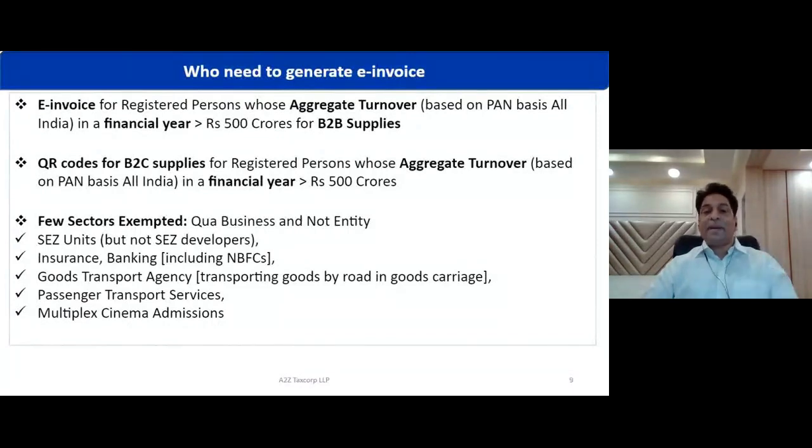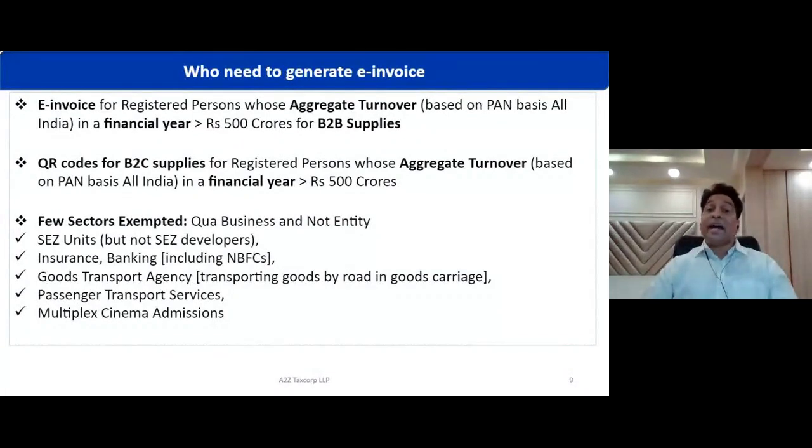And for this B2C supply, you need not register on the IRP or generate anything on the IRP. It is made and generated by you through your accounting, billing, or ERP software.